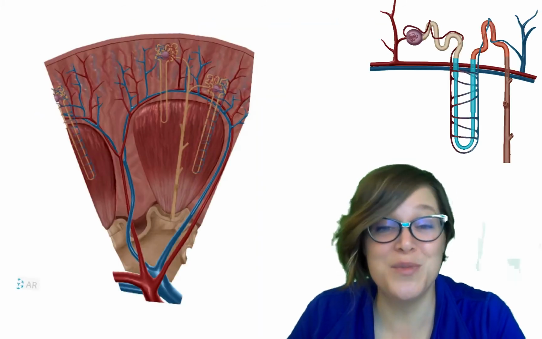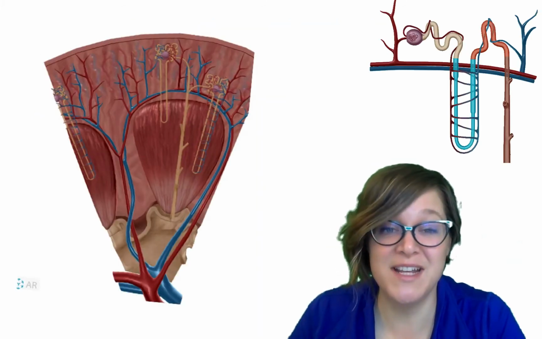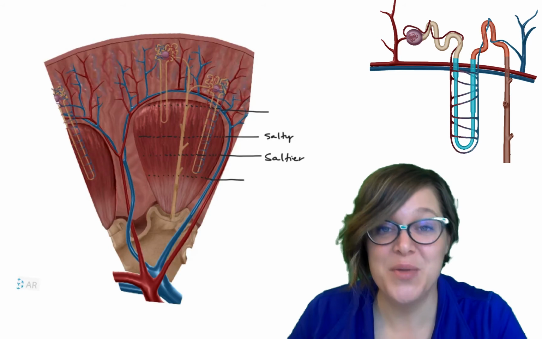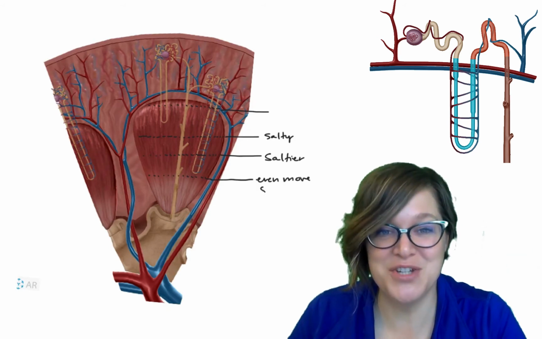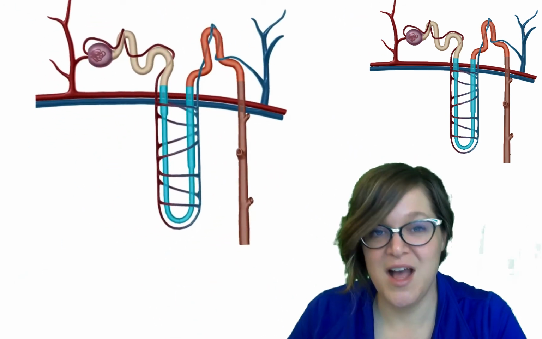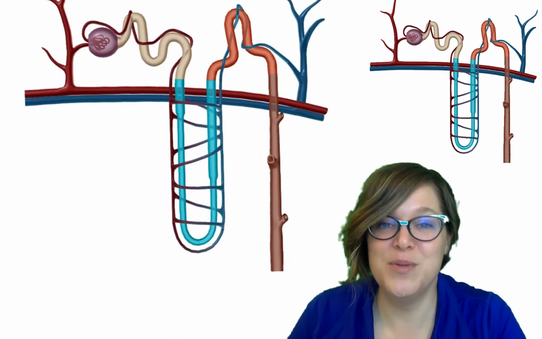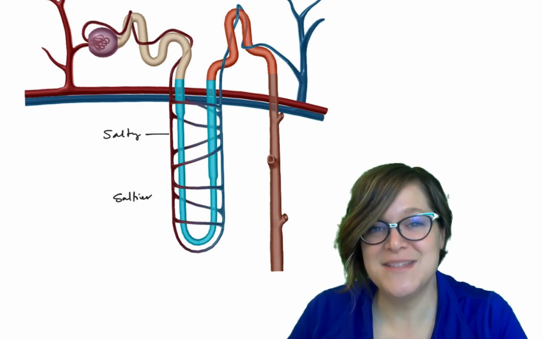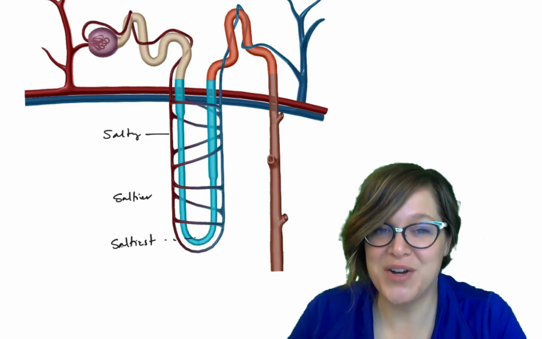So when we talk about the loop of Henle, this is where it gets kind of complicated. What's going to happen is that loop of Henle is going to go through that renal medulla. The renal medulla has a special adaptation where as we get deeper into it, it gets saltier and saltier and saltier. On the way down, the loop of Henle, the descending loop, is permeable to water.